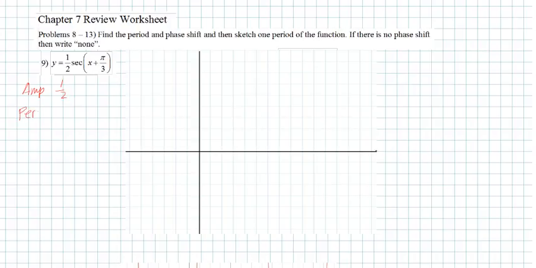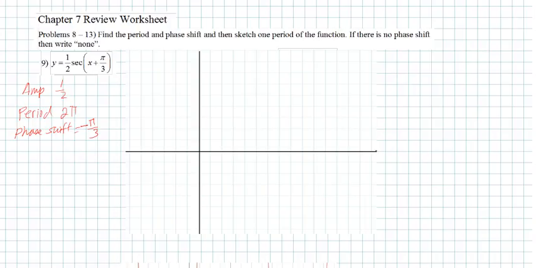Period is 2 pi, and the phase shift is actually negative pi over 3. All right, so let's start working.